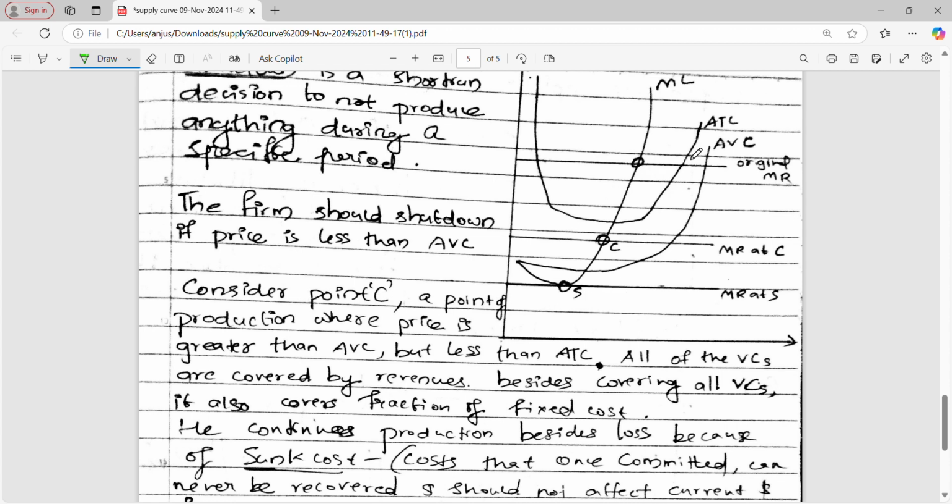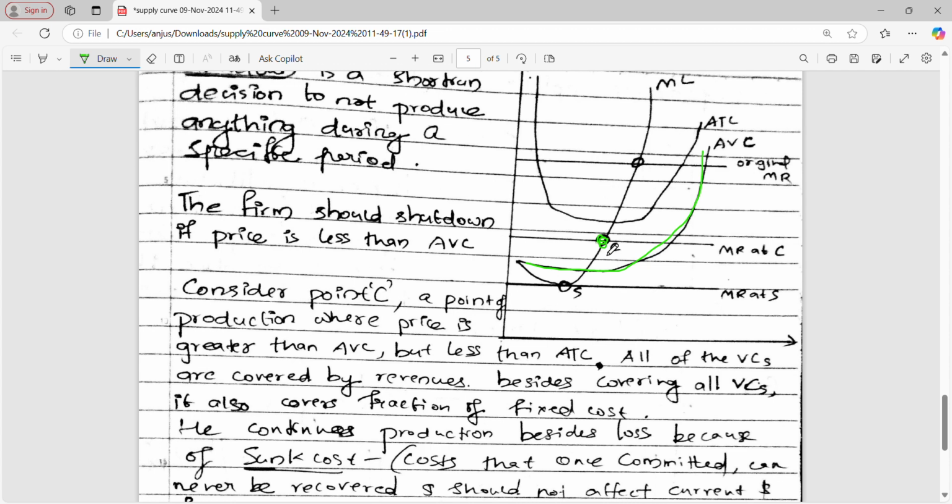Okay. So this is the point C. This is a point of production where price is greater than AVC. You can see the price is greater than AVC. That is, marginal revenue is equal to price. We know that. So MR is greater than AVC. AVC is this curve. So here, yes, it is upper.